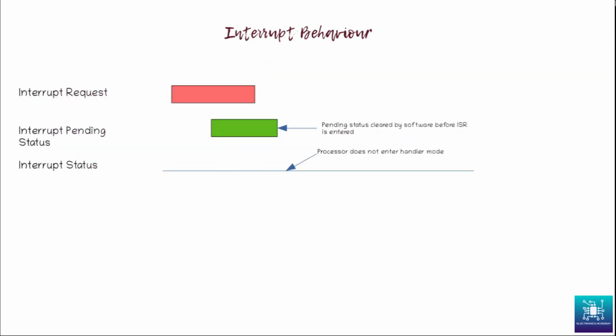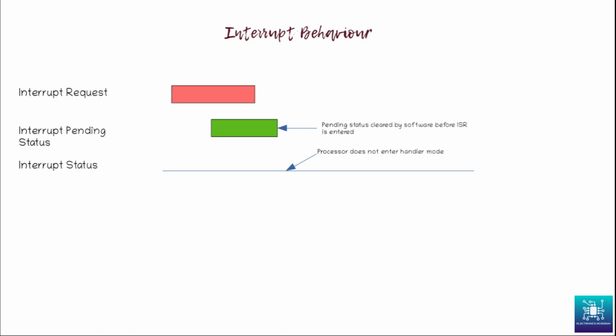Now we will see a set of timing diagrams here as to how a single interrupt would behave in different scenarios. This is very important because when you have to debug certain problems with interrupts, or when you wish for an interrupt to behave in a particular way, you have to know how the interrupt behaves.